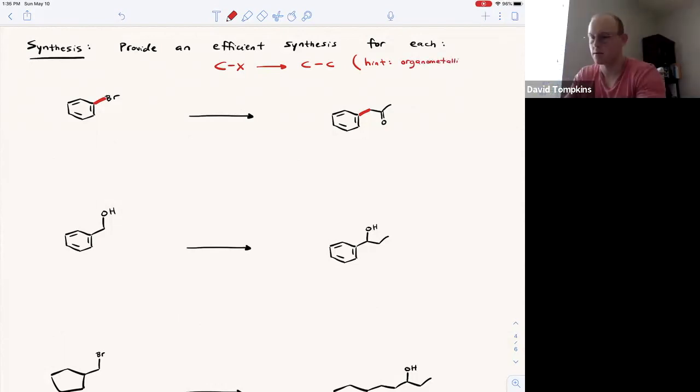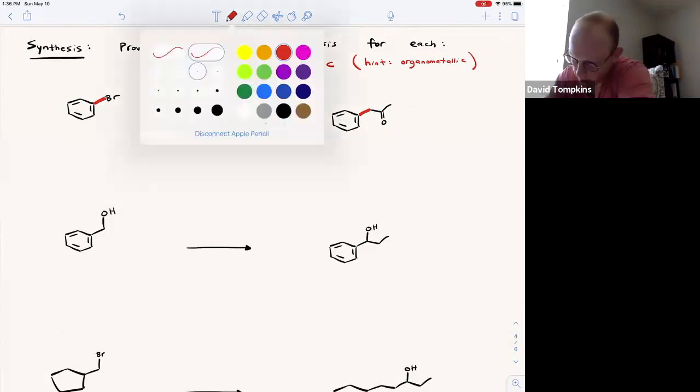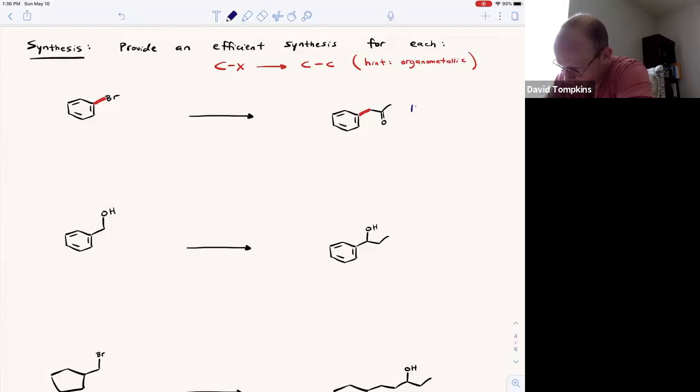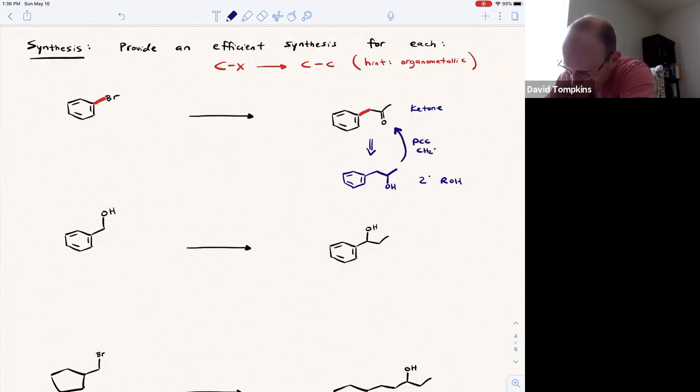And in many cases, especially when we use epoxides, you have options of which organometallic to use. So what I see here is that I have a ketone. And a great way to prepare a ketone is to make it from oxidizing a secondary alcohol. And this oxidation can be done with any weak oxidant, such as PCC, in a non-aqueous solvent like DCM.